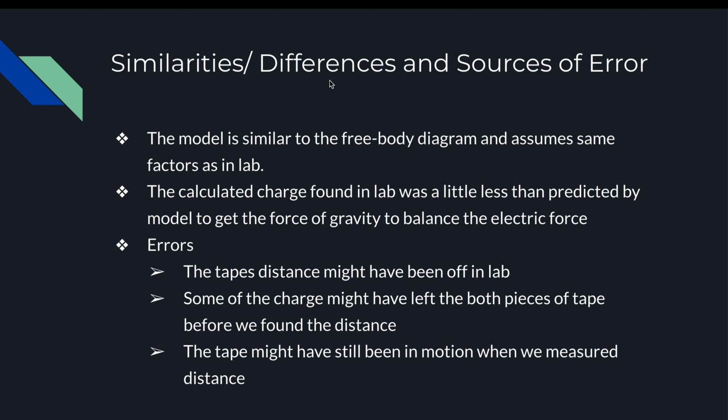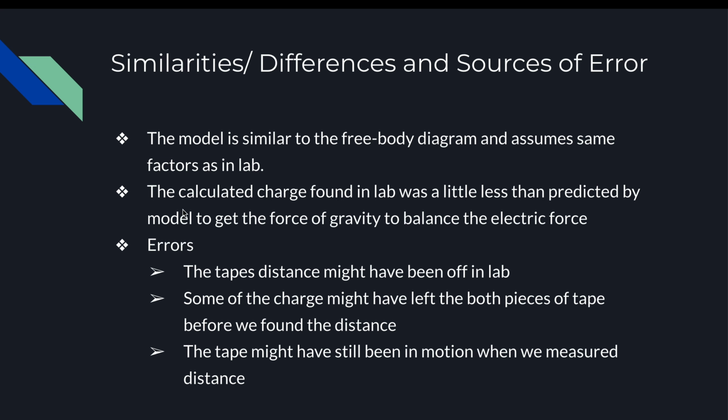Alright, similarities and differences. The model is similar to the free body diagram found in lab, and it assumes the same factors as in the lab, which are no air resistance and that the charge is uniformly distributed across the bottom tape. The calculated charge found in the lab was a little less than predicted by the model to get the force of gravity to balance the electric force.